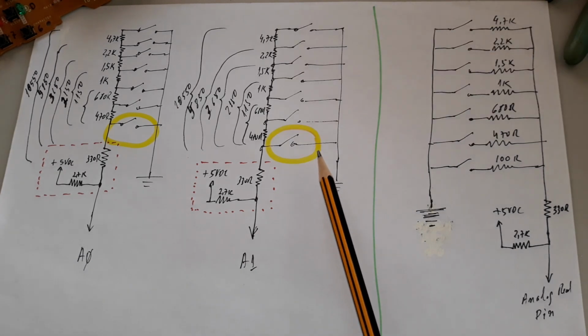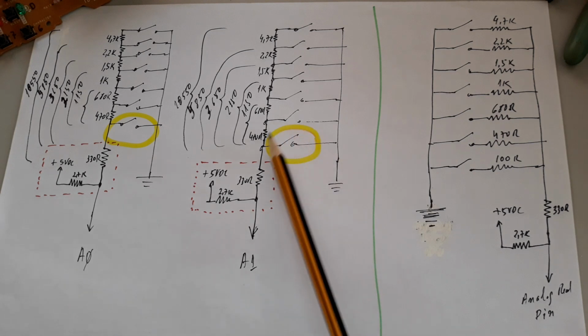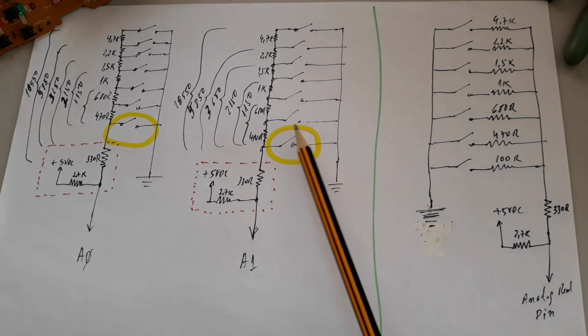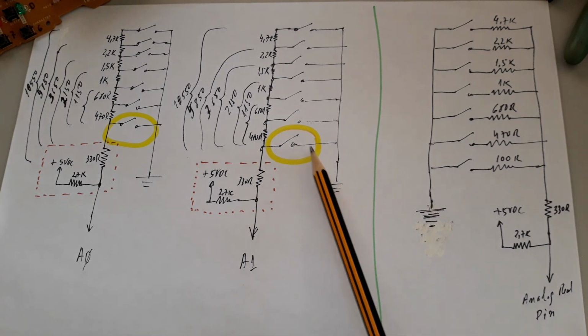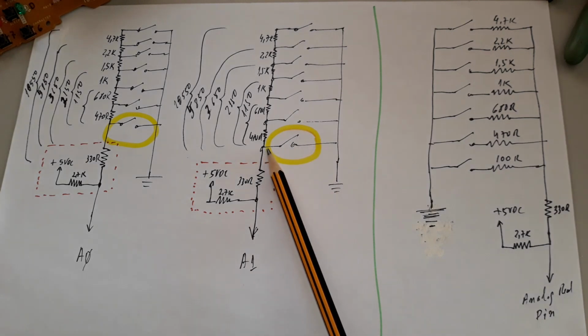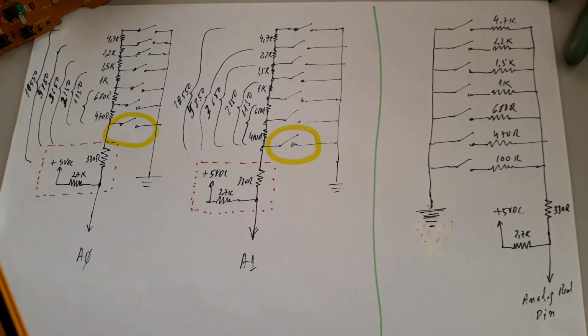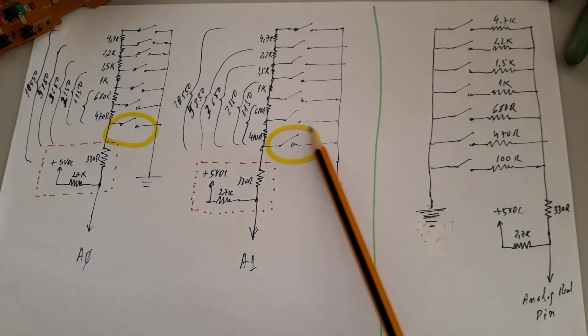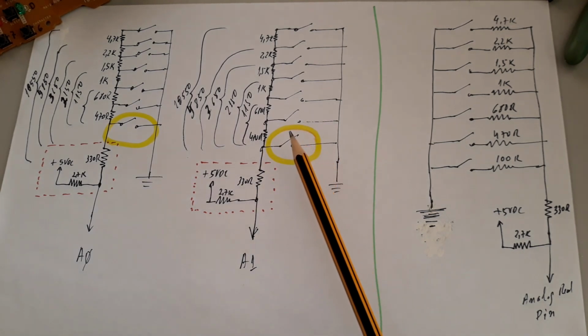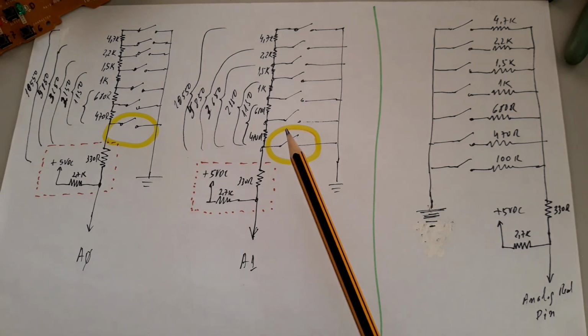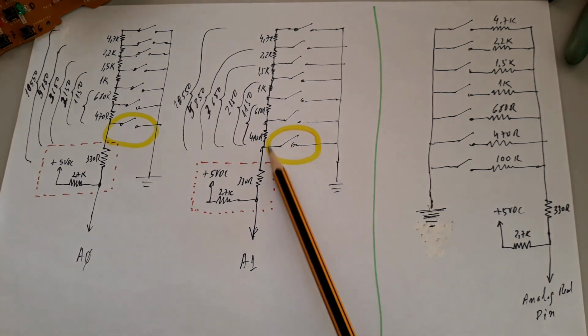The first thing I like to point out is that the first key present in the schematic of the panel doesn't have any resistor, okay? This resistor here was added by me on the breadboard. If you look at the schematic, they don't have a resistor implemented for the first key.